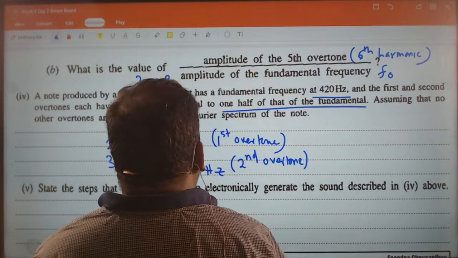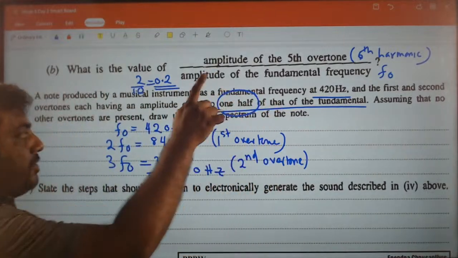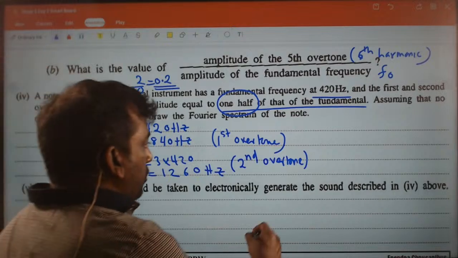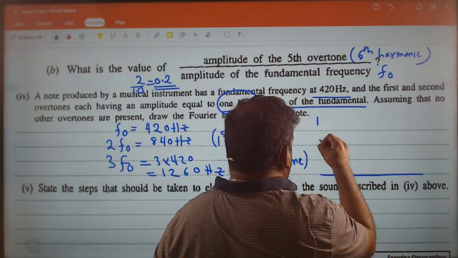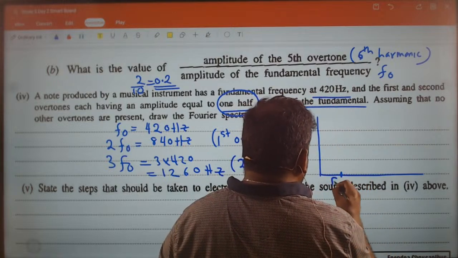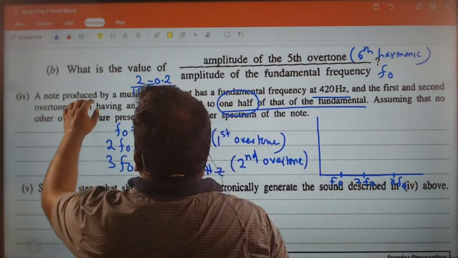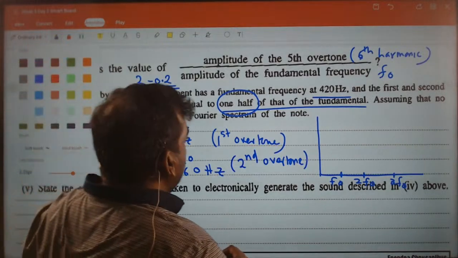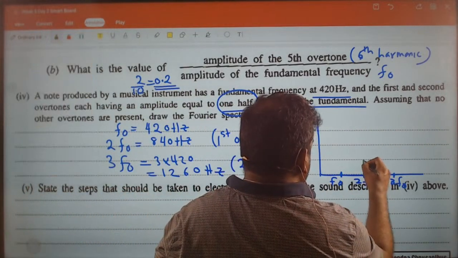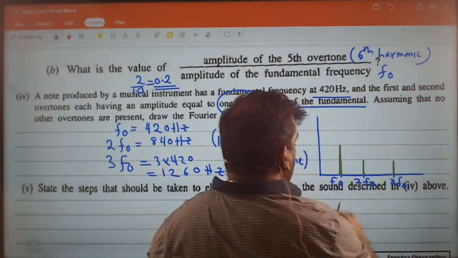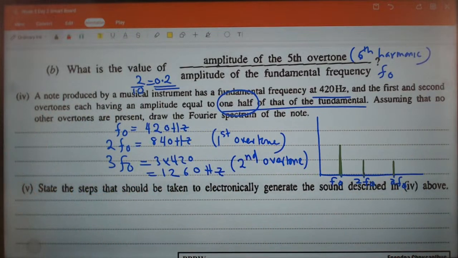That means A over 2. So if you take the spectrum analysis like this, fundamental frequency F0, 2F0, 3F0, the two overtones are the same, and the fundamental will be double the half. So actually it's not difficult.